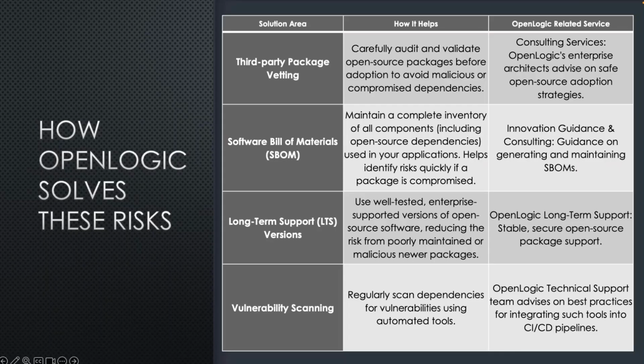So besides that, there are a few more things we can do for open source software security. In general, we have to validate the open source package before adopting it. OpenLogic Enterprise Architects can provide some advice to you. Well, everyone knows those major open source projects, but in case you need something specific, there may be a few different libraries available.